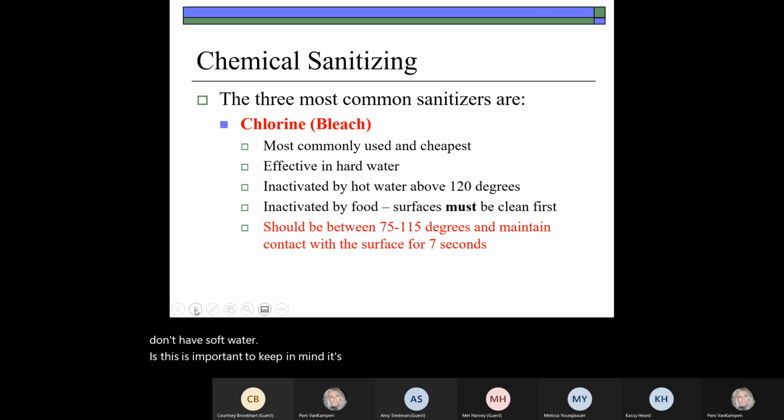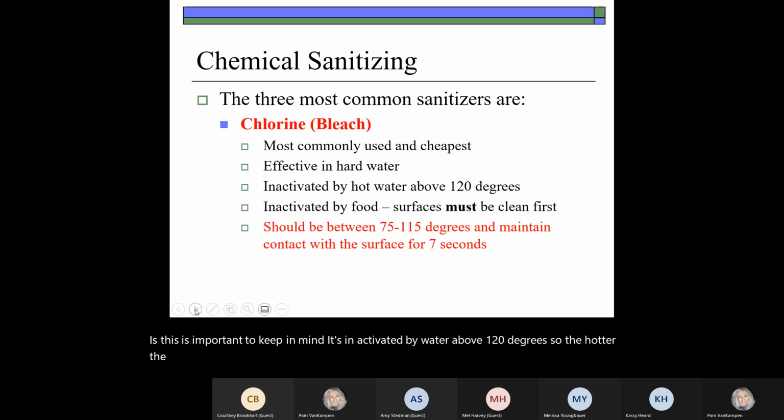It's inactivated by water above 120 degrees. So the hotter the water is not a good thing for bleach. And it's also inactivated by food. So if I'm trying to sanitize a dirty counter or a dirty piece of equipment, that sanitizer is going to be inactivated.